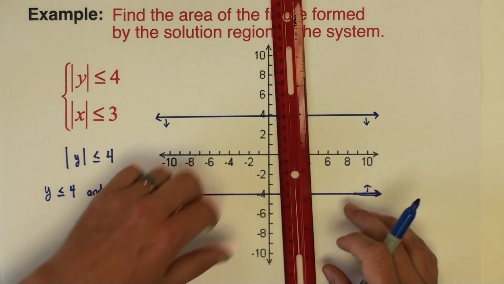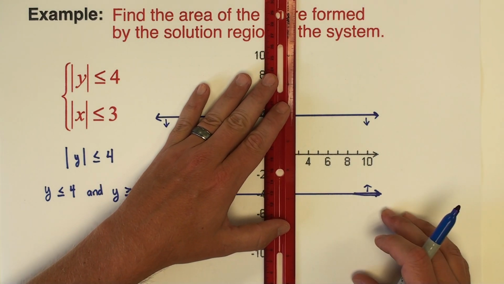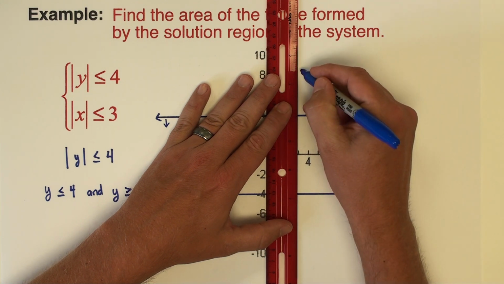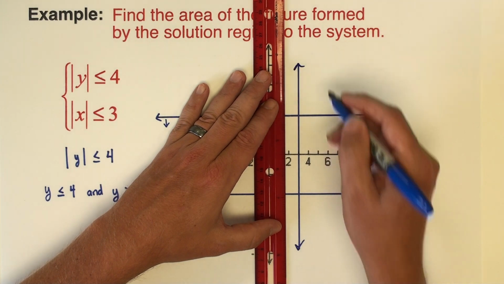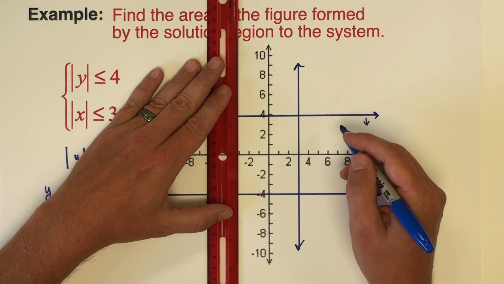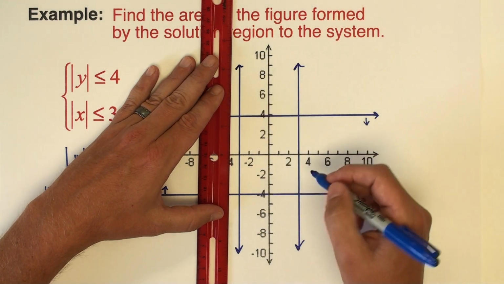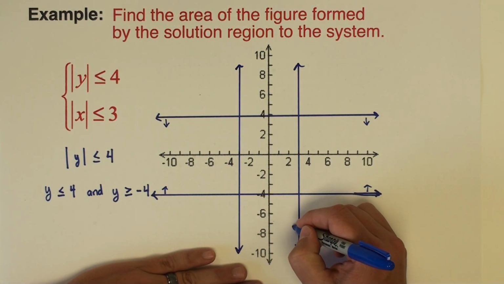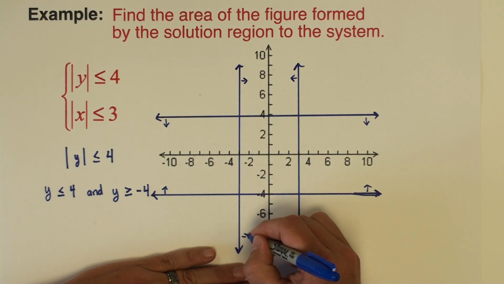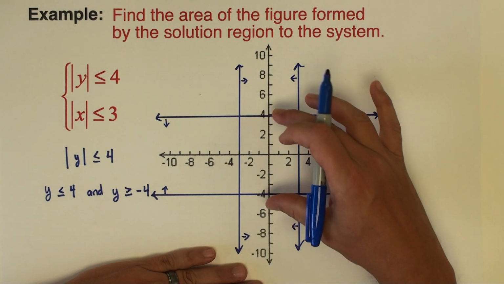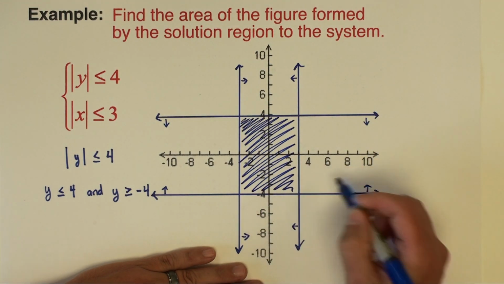So I'm going to put my vertical lines at 3 and negative 3, and I want everything left of 3 and right of negative 3.